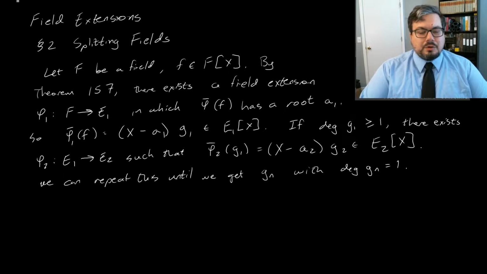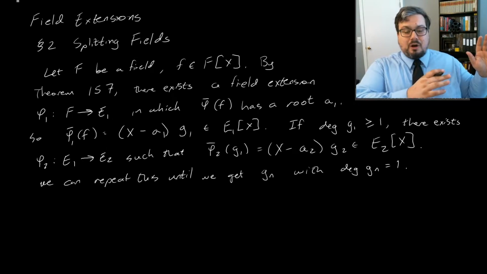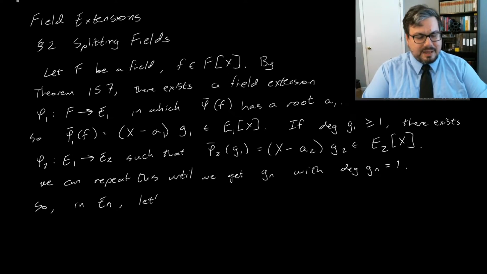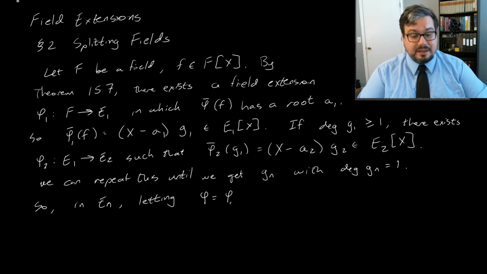Now, this means that if we move all of this into the field En, the final field that we get, we can let phi be phi n composed with phi n minus 1 composed down to phi 2 composed with phi 1.